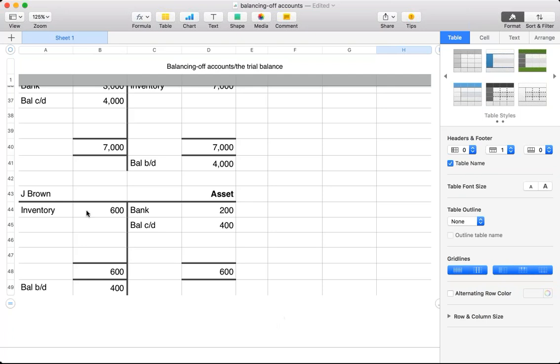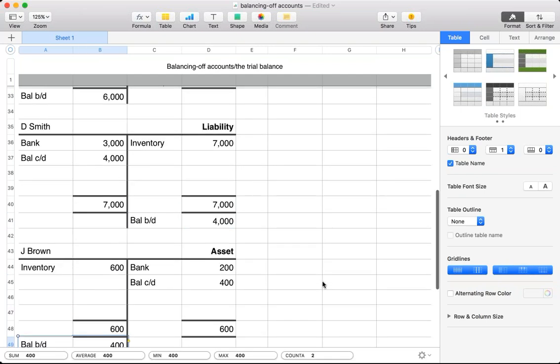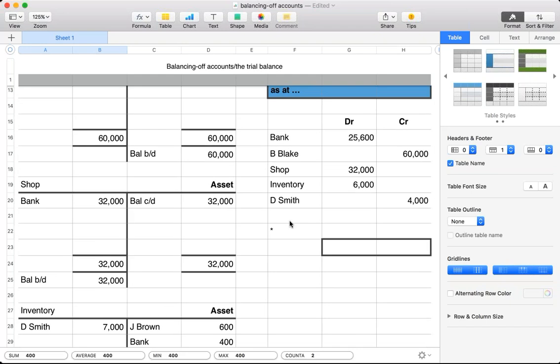J Brown has bought £600 worth of our goods and has paid £200 for them so far. So J Brown still owes us £400, as you can see. We've got a balance brought down here on the debit side of 400. So we move back up to the trial balance and say J Brown, and a debit balance of £400.